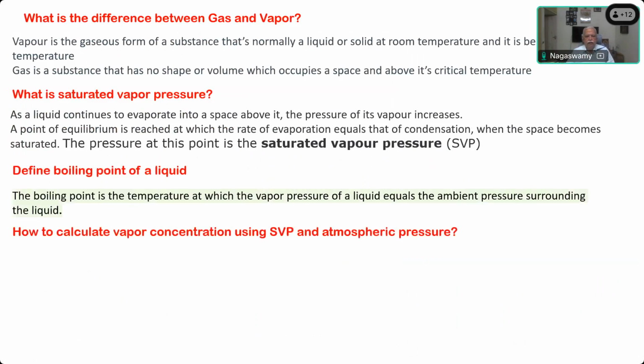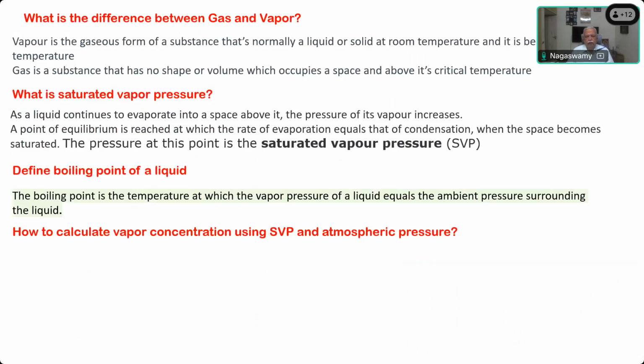Now, how to calculate vapor concentration using this saturated vapor pressure and atmospheric pressure? This is one point which you all have to have a clear understanding of. How to calculate the vapor concentration? How much vapor concentration will you be delivering?